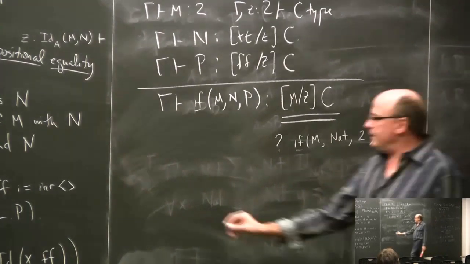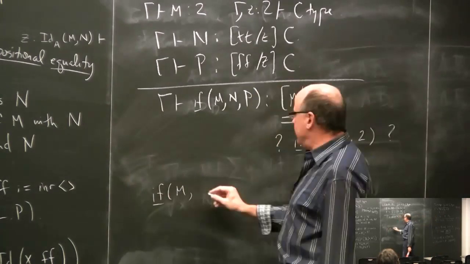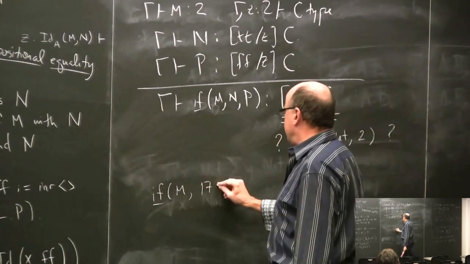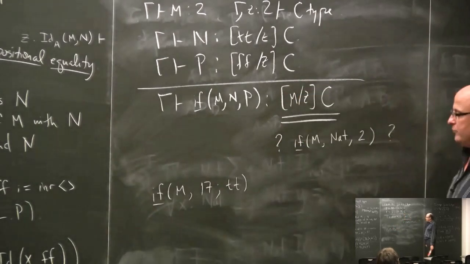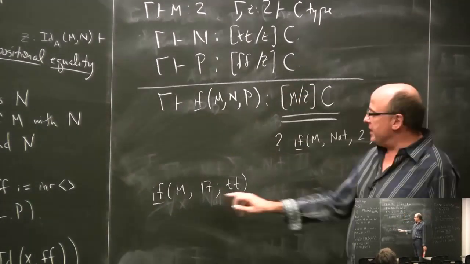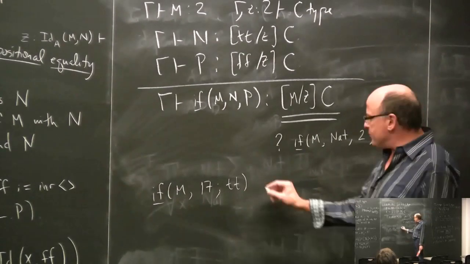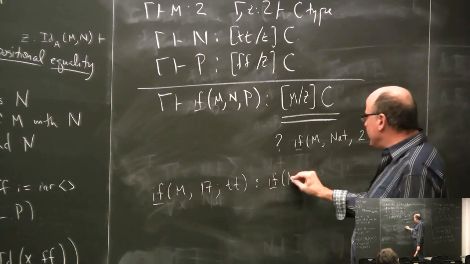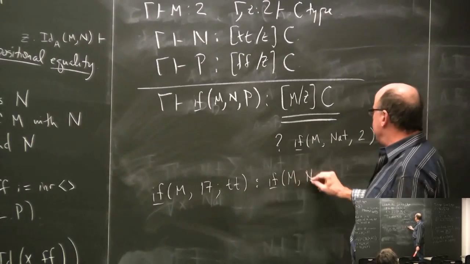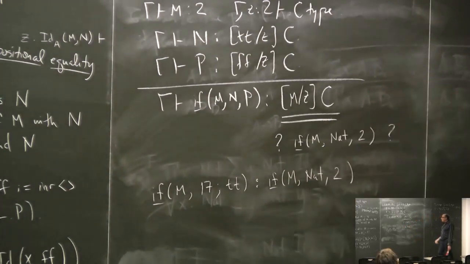But the idea would be, I could write a program like this that says if m, then 17, else true, which in any conventional programming language that you know of would be ill-typed because the two branches don't agree. But no, that's false. The two branches agree perfectly. They both have the type if m, then nat, else 2. Why?